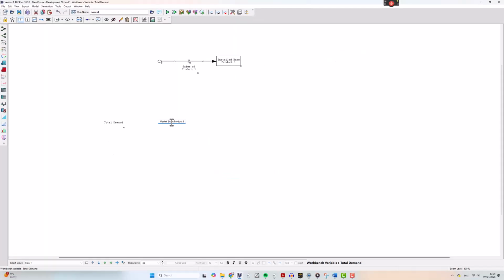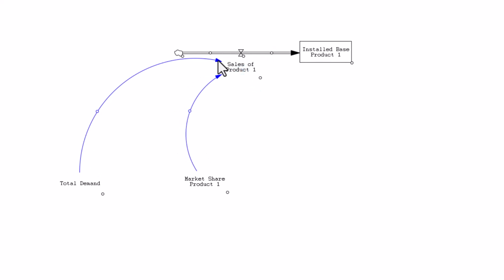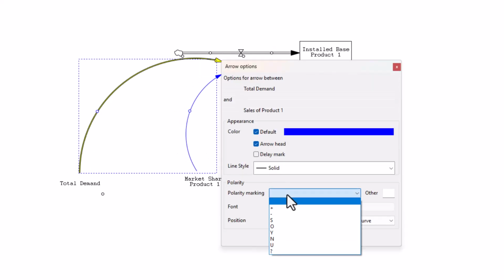Next, we connect total demand to sales of Product 1 and then connect market share to sales of Product 1. The direction of the arrow is important and it signifies the direction of the relationship. This means that total demand drives sales, not the other way round. And this means market share drives sales.